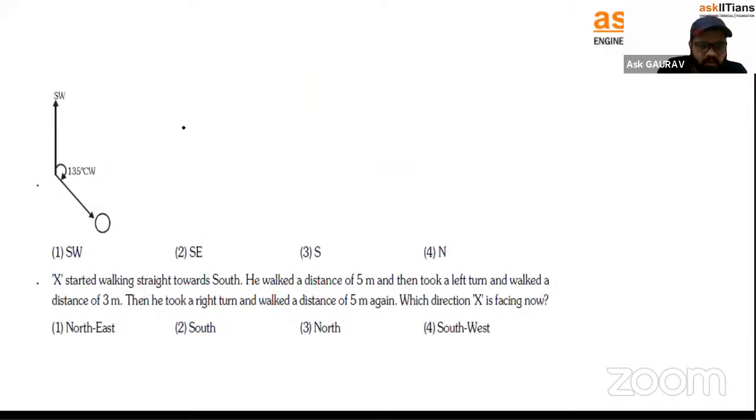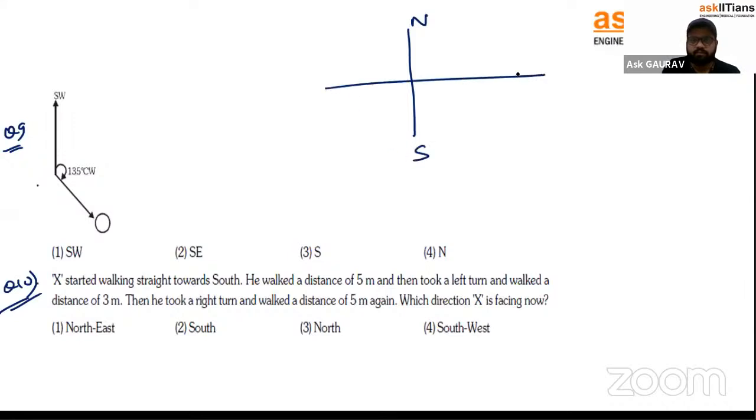Okay, guys, this is a different question, question 9, and this is question number 10. Do question number 9. Very easy question, southwest. Then move. You are at south, you are moving clockwise 135.